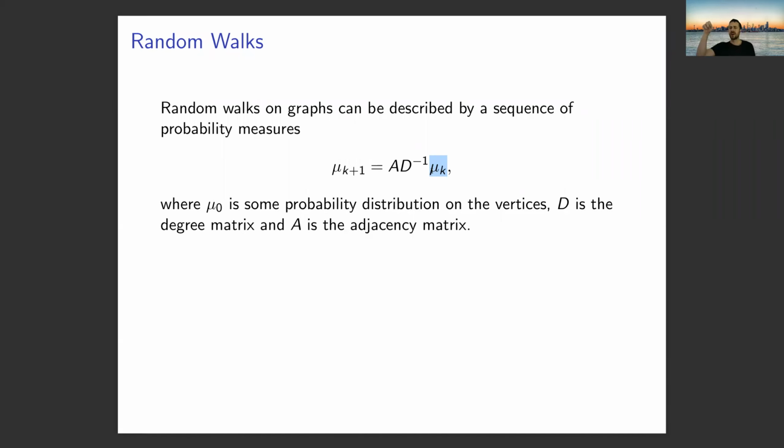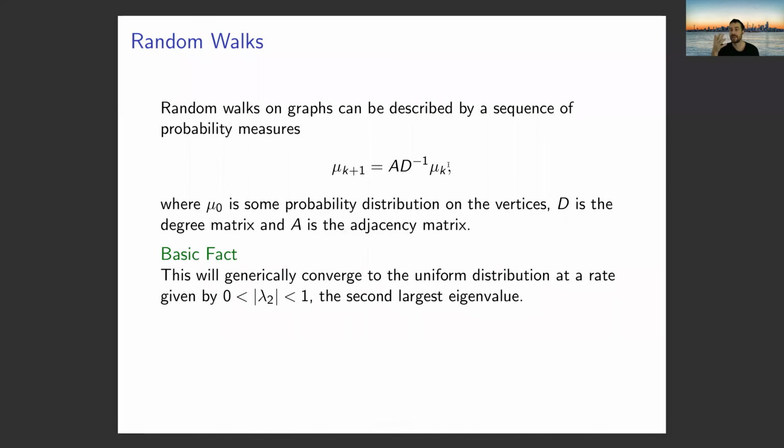And then the process of taking a random neighbor and going there just corresponds to multiplying with this matrix, where A is the adjacency matrix and D is the degree matrix, which is a diagonal matrix collecting the degrees. That's just a fancy linear algebra way of writing the random walk. So it's just taking large powers of a matrix, which is great because we know everything. There's a basic fact from, well, it's not even Perron-Frobenius, it's just the spectral theorem.